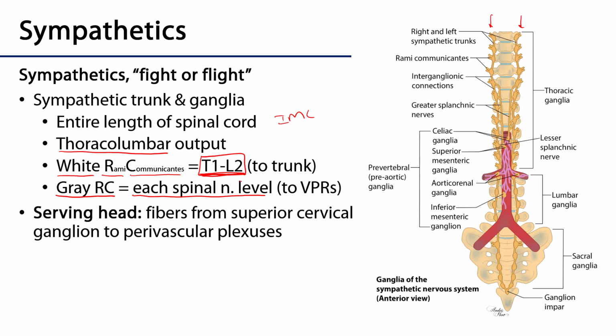With respect to the head, sympathetic fibers to the head are sourced from the superior cervical ganglion of the trunk. And those fibers go on to perivascular plexuses, so they're going to travel along blood vessels as conduits to their targets.